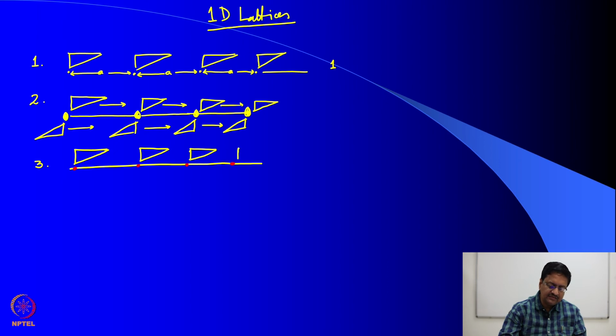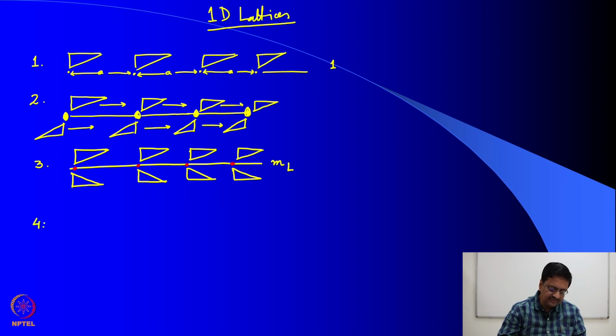So this is the same as 1. Now, if this line is a mirror plane, and we call it a longitudinal mirror or ML, the reflection generates the object like this. So this is the third type of lattice.